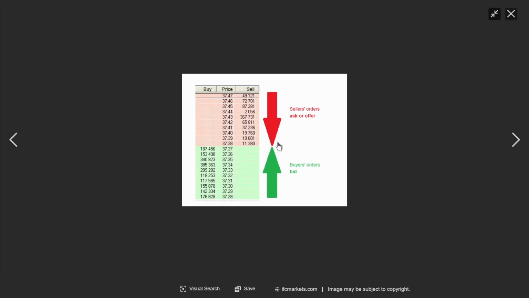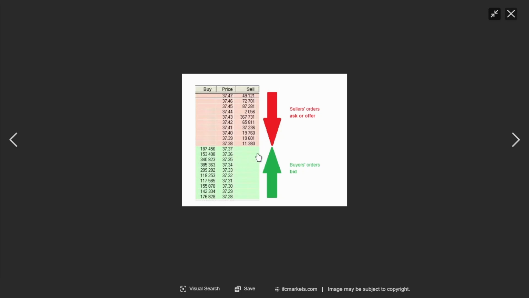Once each slot is finished, the next slot becomes available for more buyers to buy. For example, if I sell 100,000 shares, first the 3737 level is going to fill, then 3736, then 3735, then 3734. You get the point, right? It's not going to fill at exactly one price.